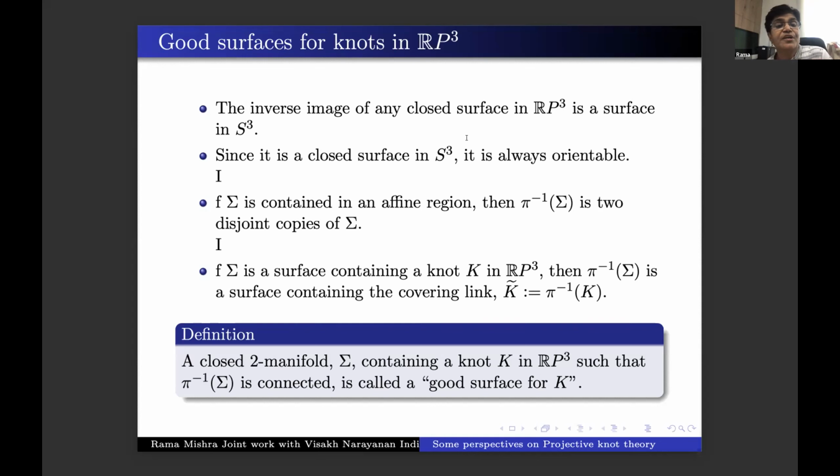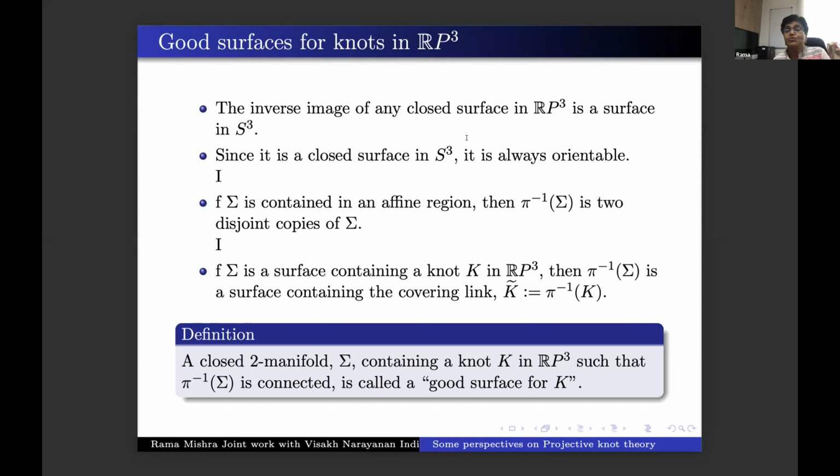If sigma, the surface, is contained in an affine region, then the inverse image is two disjoint copies of sigma. Suppose sigma is a surface containing a knot K in RP3. Then pi inverse of sigma is a surface containing the covering link.